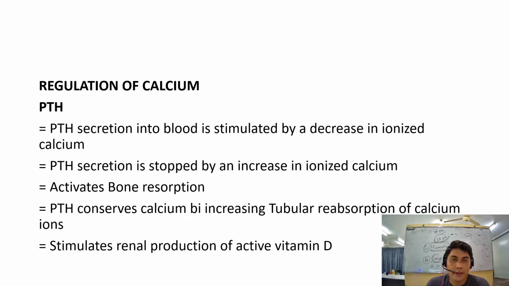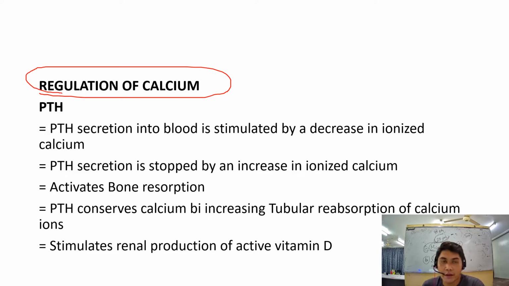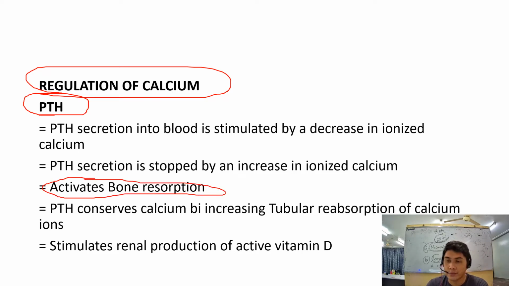For the regulation of calcium, there are three main hormones. First is the parathyroid hormone, secreted by the parathyroid gland. The function of PTH is to activate bone resorption.